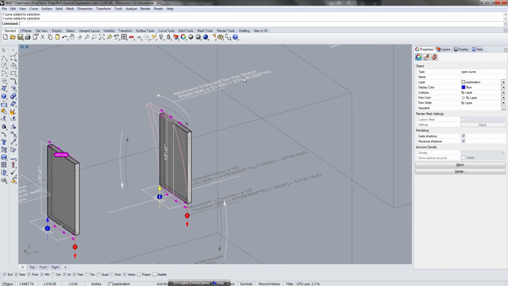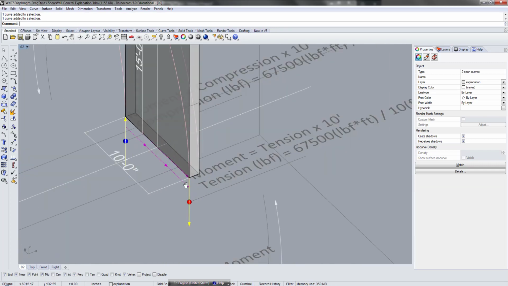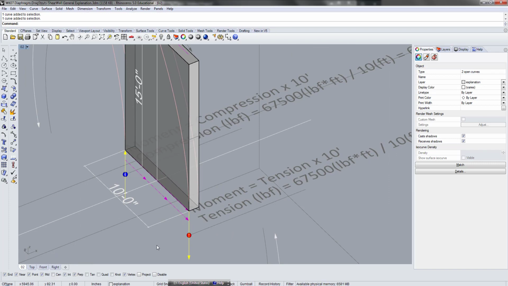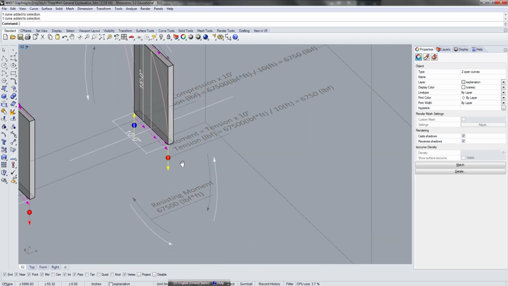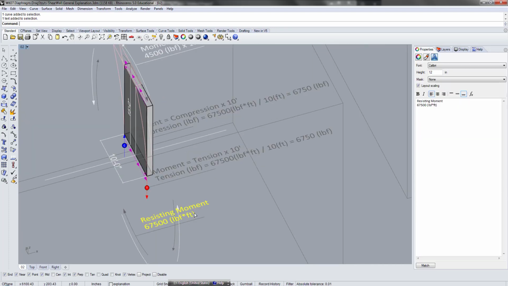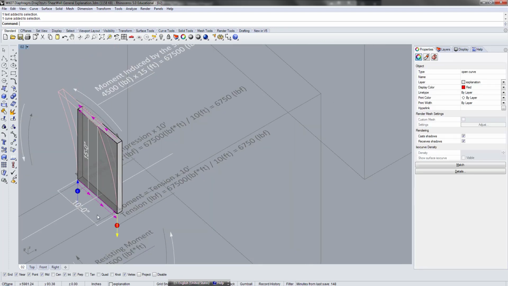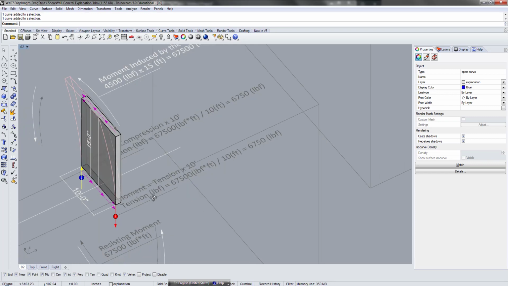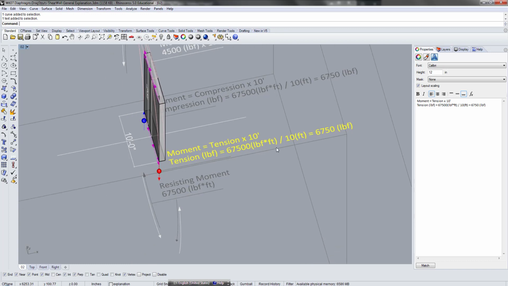So the moment, let's say that's the positive moment, is 67,500 pound force feet. We need to cause a moment in the other direction by these two forces, so the resisting moment should be that much. These two forces are 10 feet apart from each other. This is a simplified way of calculating the moment by a couple of forces.